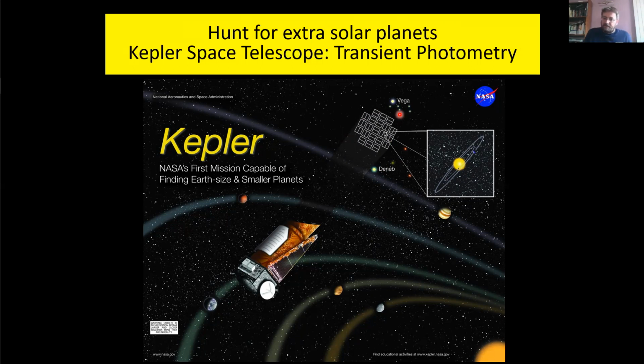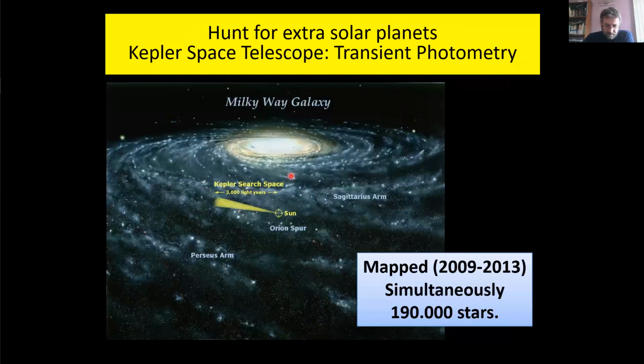But nevertheless, with a relatively limited part of space, you of course want to look at the galactic plane, so you have most stars at once. This was basically done by Kepler, looking at roughly 3,000 light years, where you still have the resolution, and it simultaneously mapped about 190,000 stars.